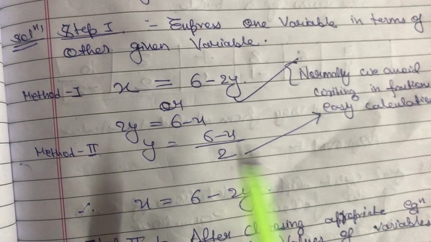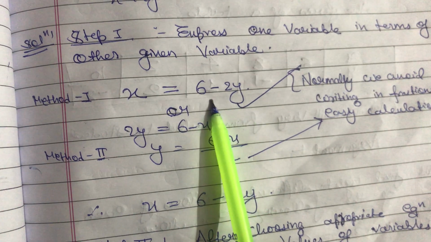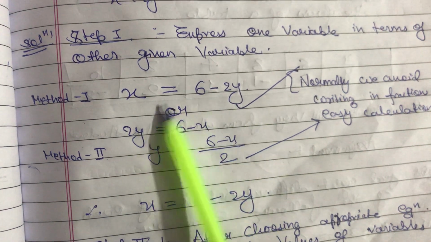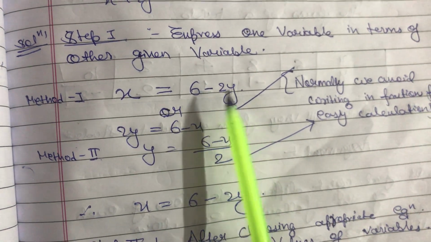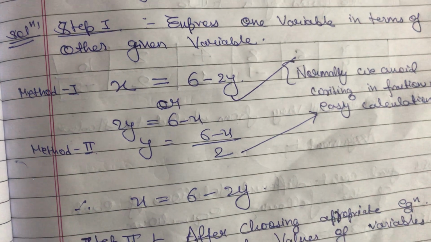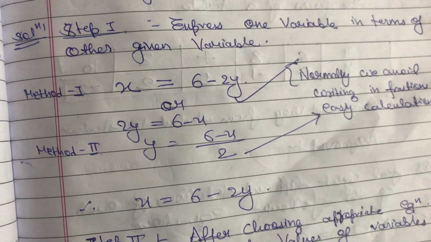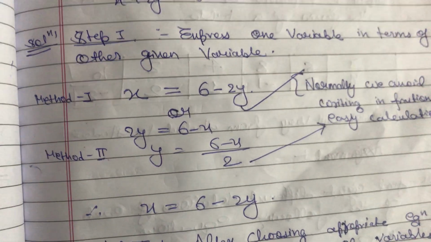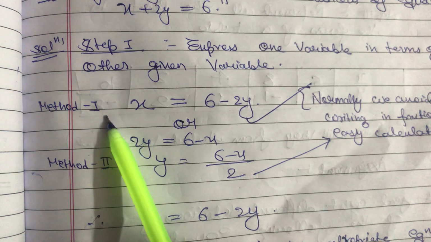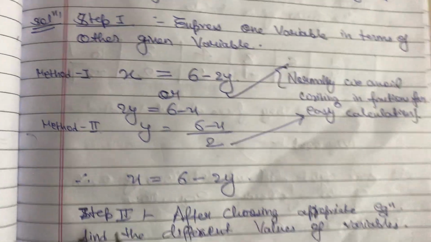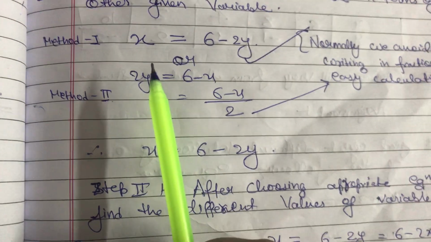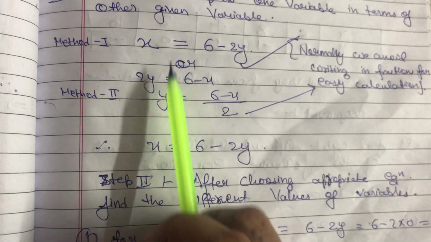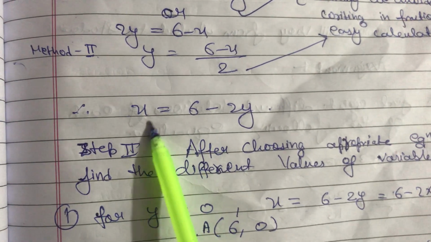And if you don't have any denominator, choose the equation without a denominator, so that your calculation becomes much easier. Because 3 minus 2 is much easier than calculating 1 by 3 minus 1 by 2. That's why I prefer this. Once again, you can choose any of the equations, but here I am selecting this one. That's why I have written both the methods.